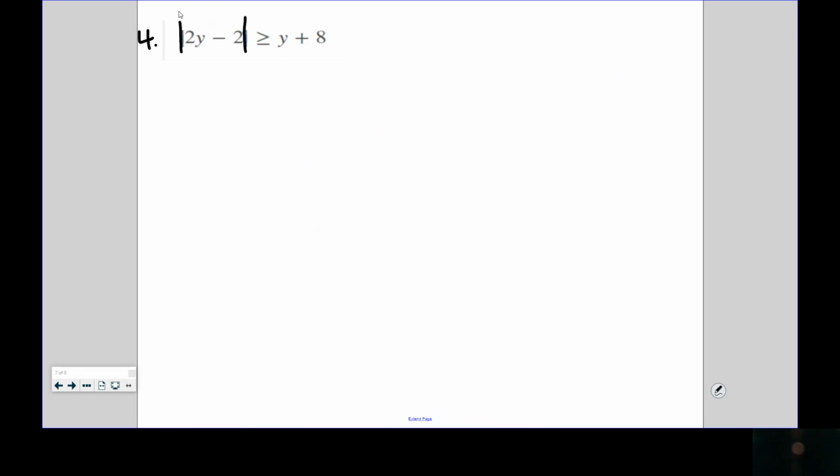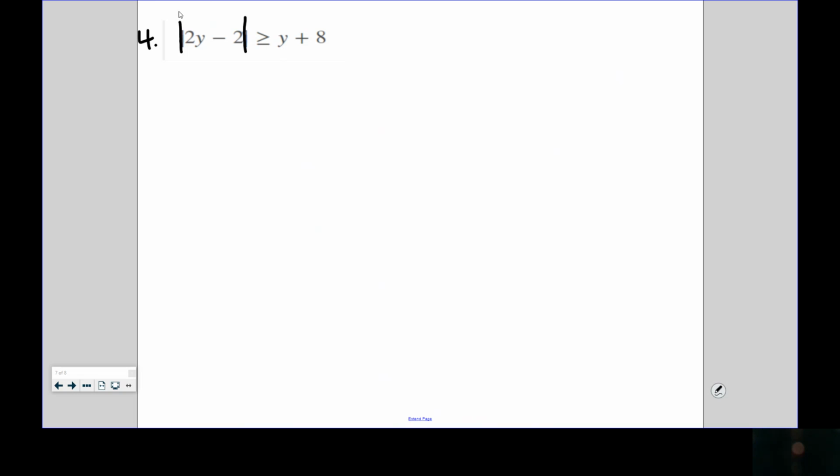So make sure that you really exaggerate those absolute value lines so that you can tell that they are absolute values and not ones. This is the most complicated problem out of this homework. I took this straight off of the homework.